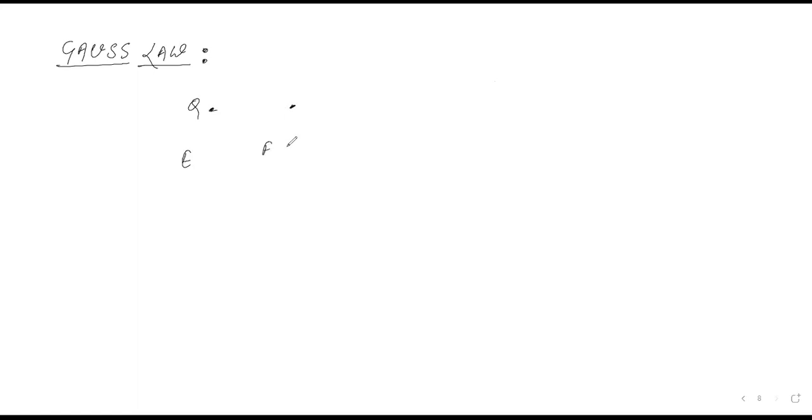First of all, you calculate the force acting between the charges, then you apply the field E is equal to F over Q, and we get the electric field. But with Gauss law, without any requirement to calculate the force, you can calculate the electric field. This is one of the short methods to calculate the field. Are you clear?